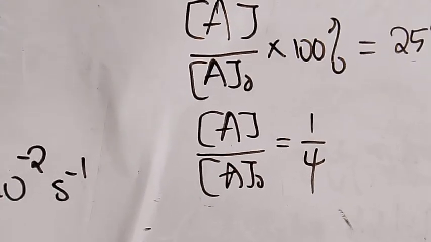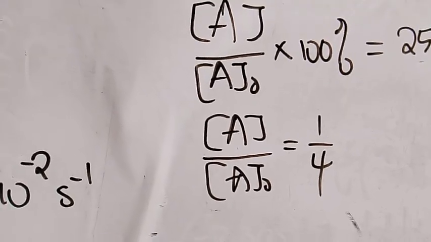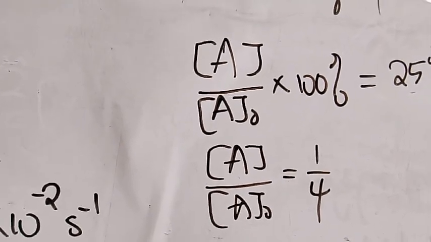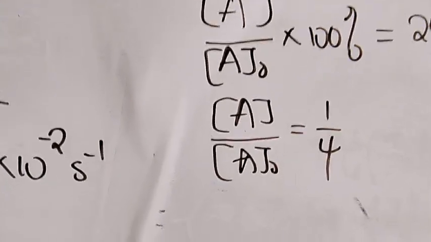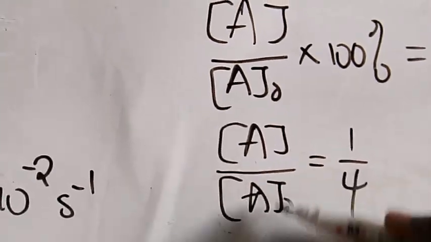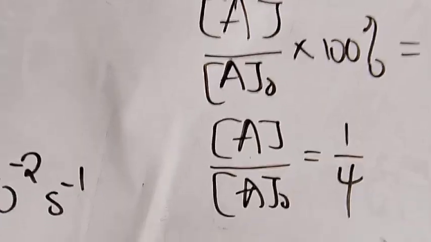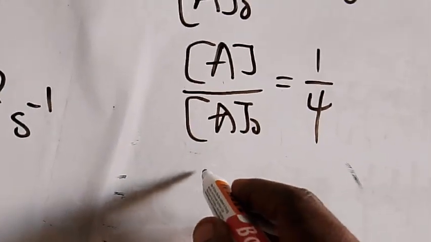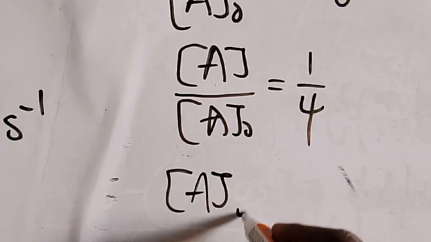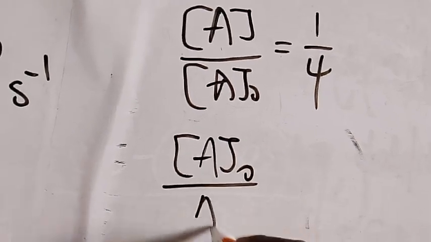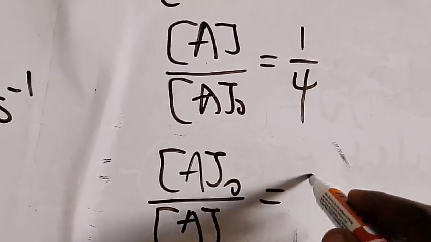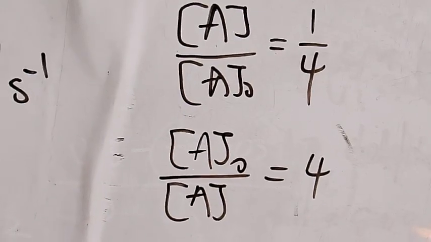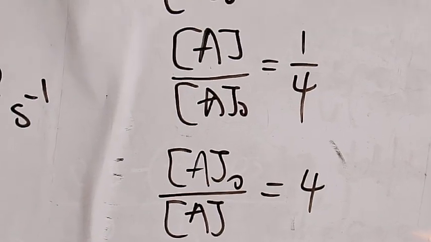If we interchange this, putting A initial on top, A initial over A is equal to 4.